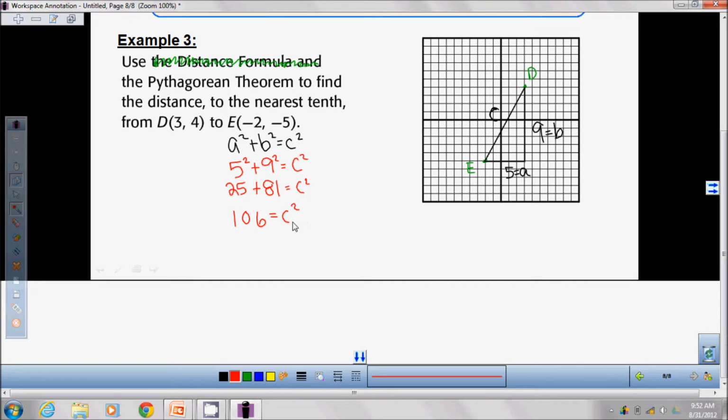Now this is c squared. If you remember, to cancel a square, we take the square root of both sides. So c is equal to the square root of 106. And we're just going to leave it like that instead of finding the decimal.